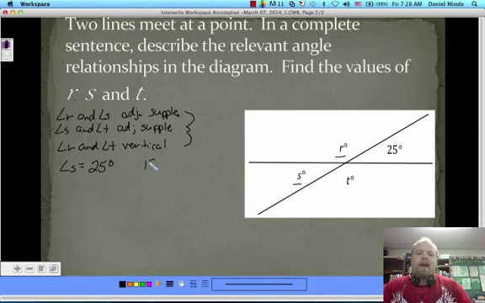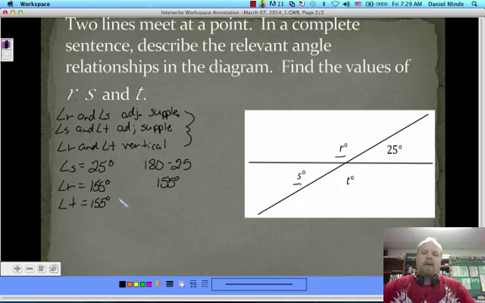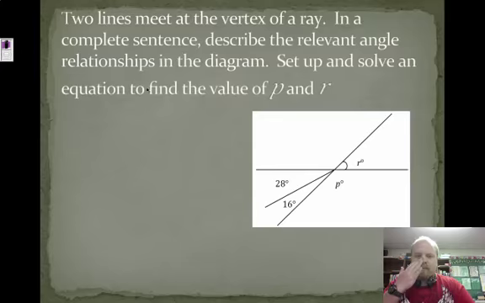So I can take 180 minus 25, which will give me 155 degrees. So if angle R is 155 degrees, that has to mean that angle T is also 155 degrees. Okay, and that's just a quick review from what we talked about on the previous lesson.